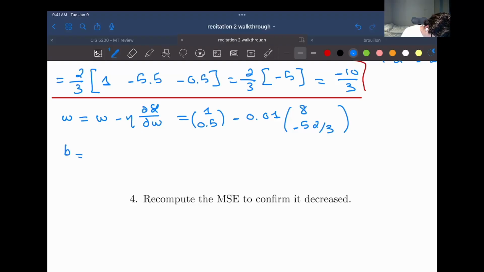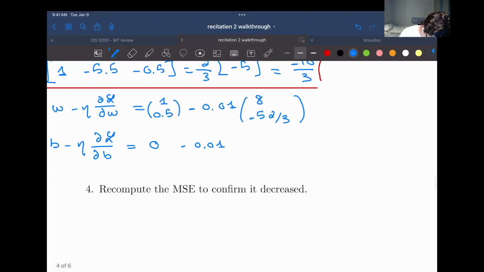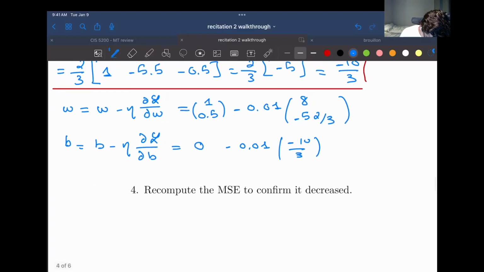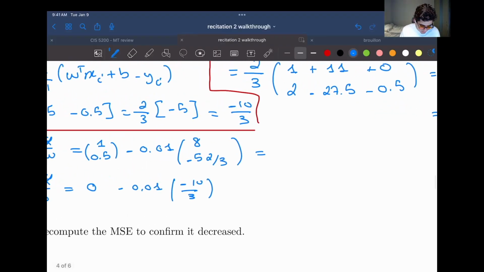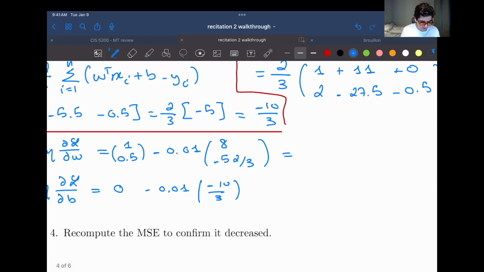And then B is going to be equal to the old B, same thing here, minus eta times partial L partial B. And the old B was 0, eta is 0.01, and the new B is 10/3 times that. So can we compute this? Yes, of course, but I don't have a calculator, so I'm going to use my phone.